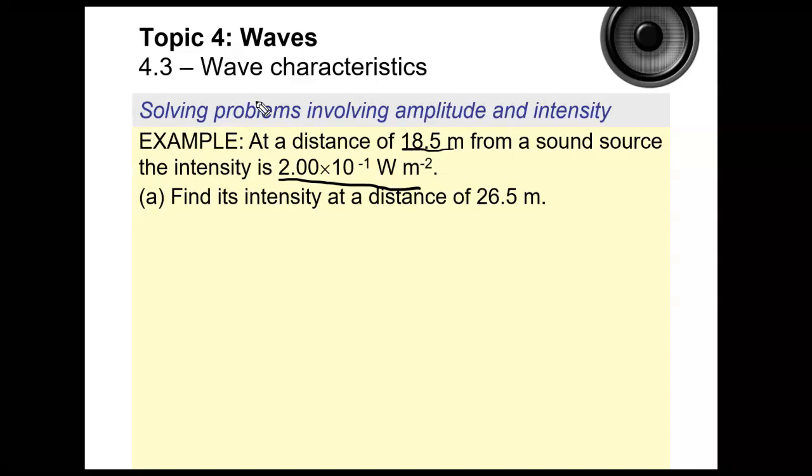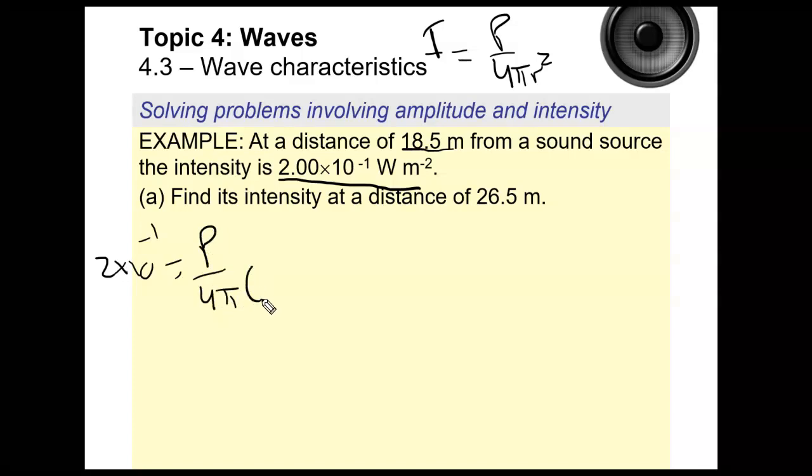Okay, so one thing we could do, since intensity is power per unit area, is plug in 2 times 10 to the negative 1 equals P over 4 pi 18.5 squared. We could solve for P, just using basic algebra. I'm just calculating that value right now.